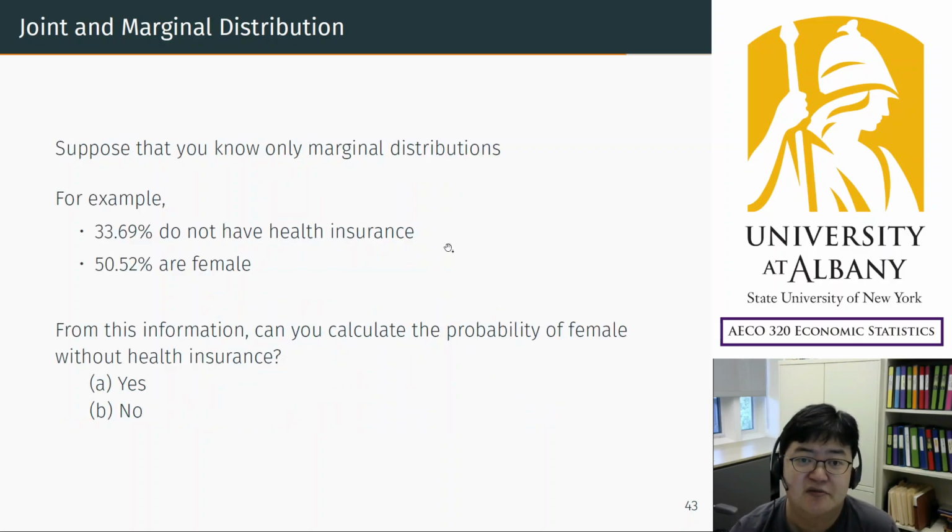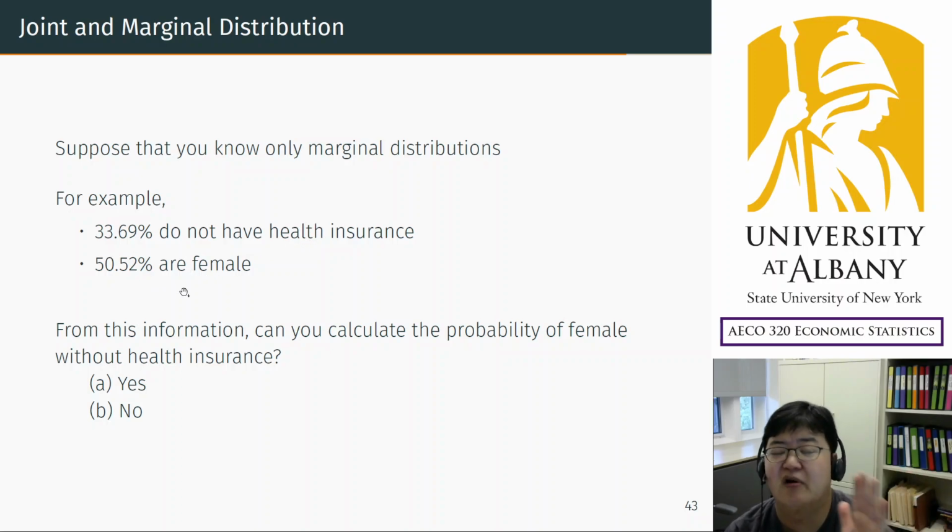So for example, you want to calculate, we have these two tables, or the same information here. We have this information, probability for health insurance and probability for female.